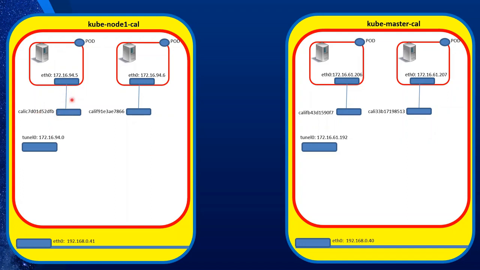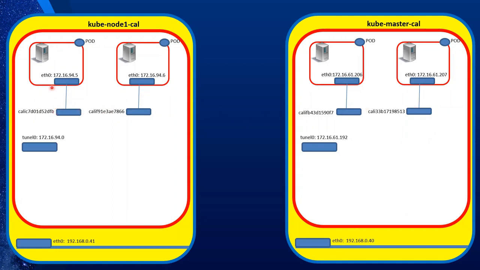These are connected together. The interface on the pod is one side of the same pair. So you have a pair here and a pair here, and that's how it's connected. All communication from the same server going to the pod goes through these interfaces. It doesn't matter where they are.